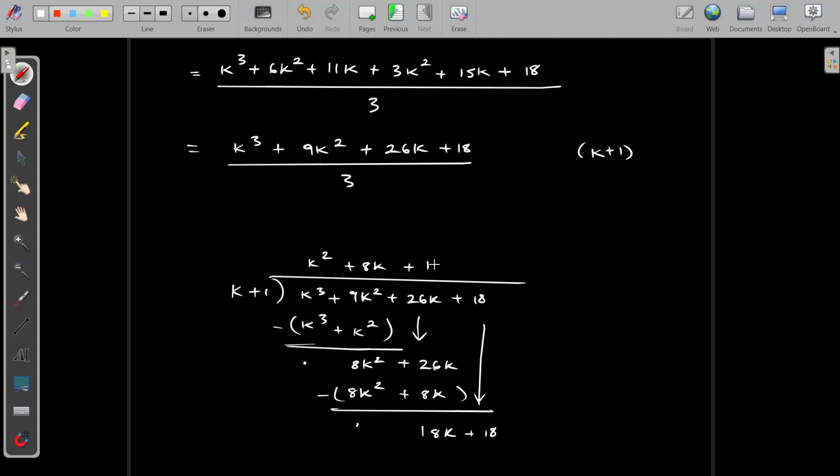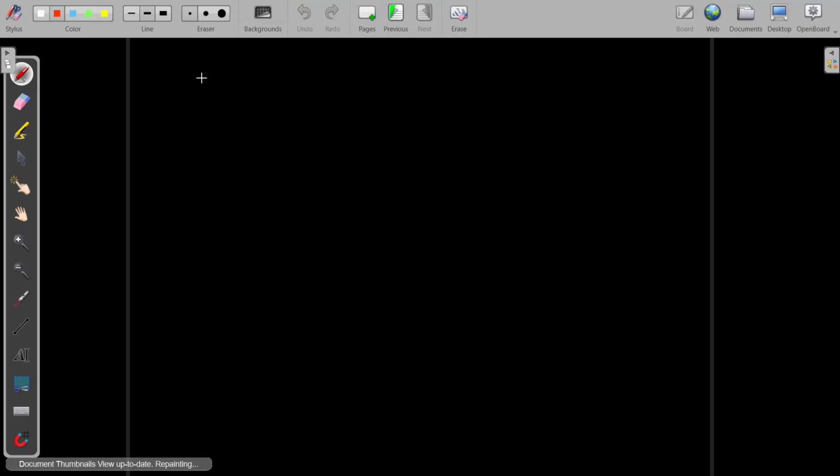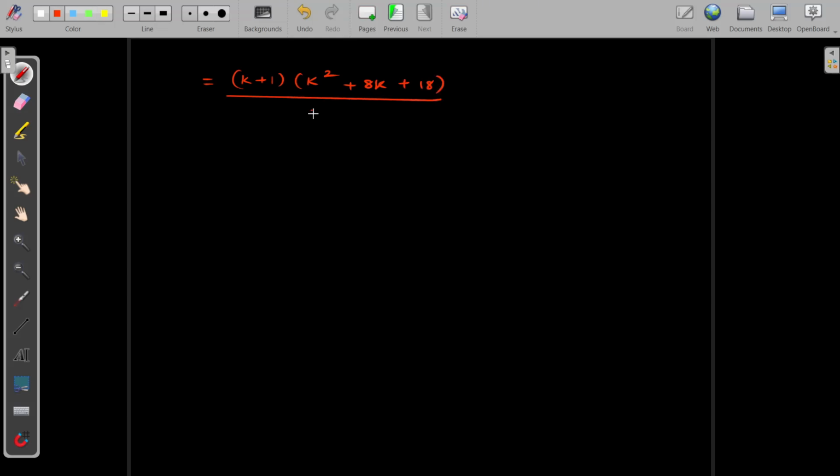So this is plus 18 and plus 18. Alright, so that cancels. So that means k squared plus 8k plus 18 would have been the other factor. So let's go to the next page. So this is equal to k plus 1 times k squared plus 8k plus 18 all over 3.